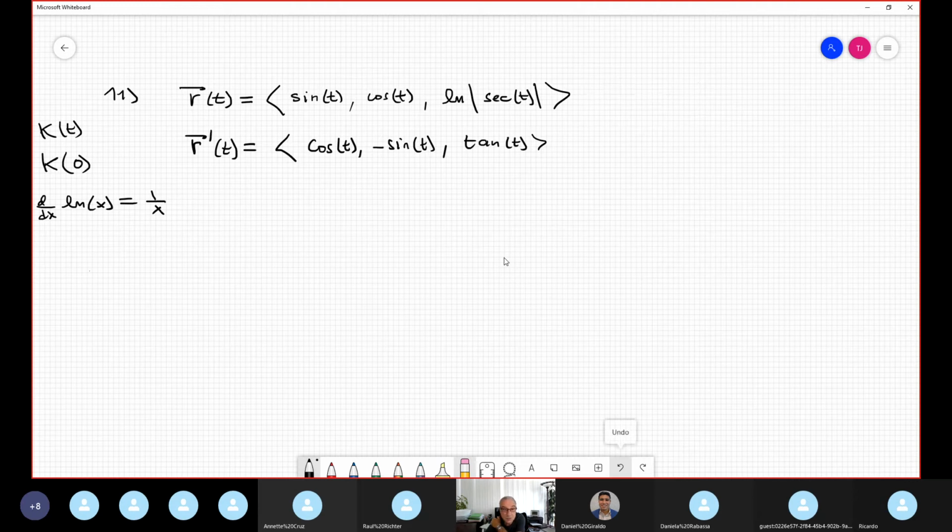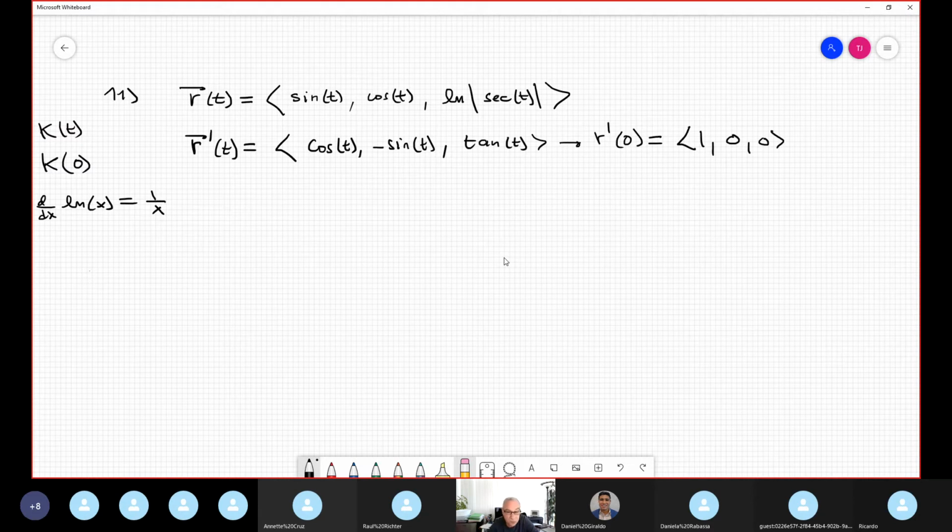You evaluate the velocity at 0. Cosine 0 is 1. Sine 0 is 0. Tangent 0 is 0.